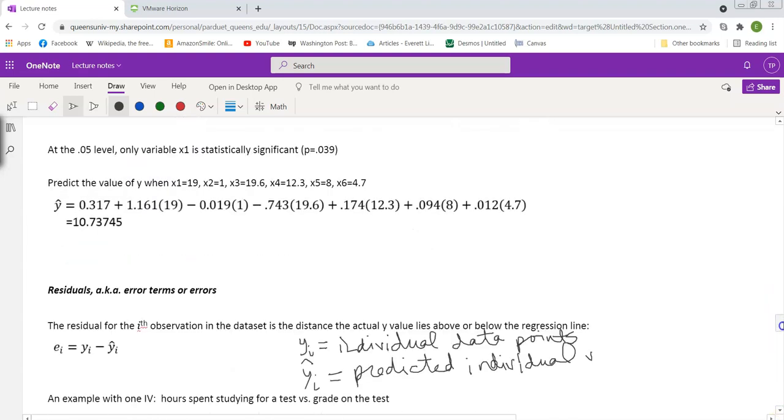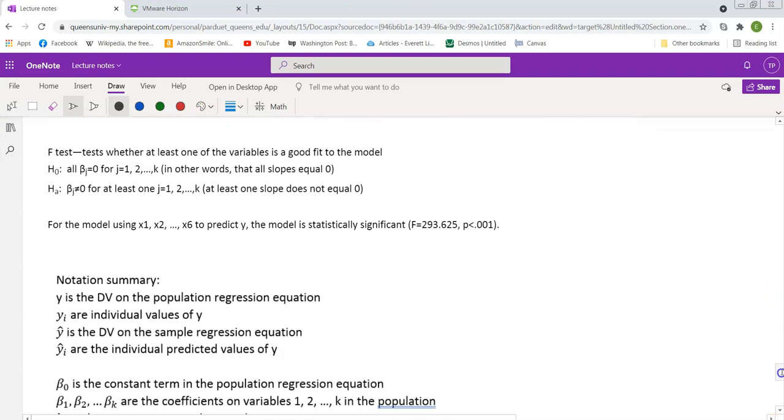Okay, if there shouldn't, then this is called the intercept-only model, which would mean that all of the predicted y values would just be the mean of the y's.